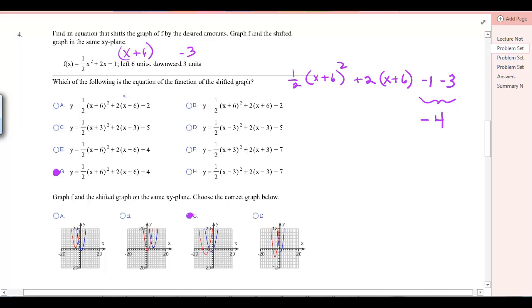And maybe put y1 equal to 1/2 x squared plus 2x minus 1, and y2 equal to this one. I'll just put G so we'll know that. And then on your window, make sure that you're at 20s on everything, and then you should get an exact picture of that.